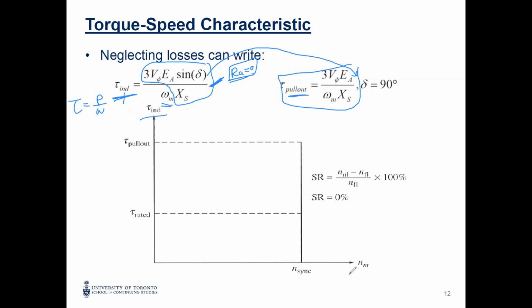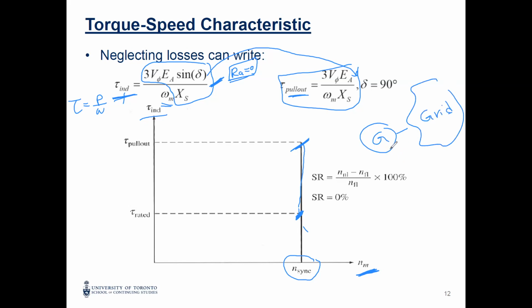So this is the torque versus speed, in N or omega, doesn't matter. You have the rated speed here. Then after that, you have the pull-out torque or the maximum torque. We have one synchronous speed in the synchronous machines. This is a valid assumption if your generator is connected to the grid, to a very big one.